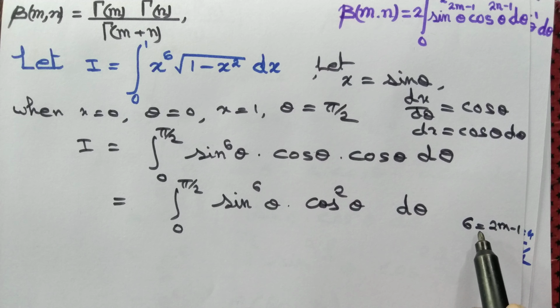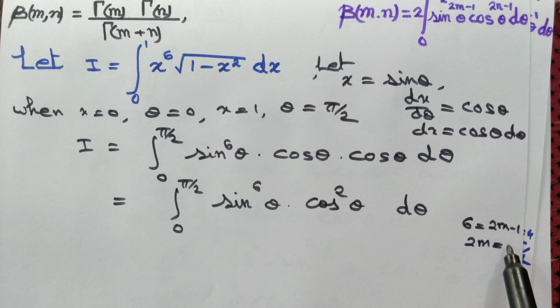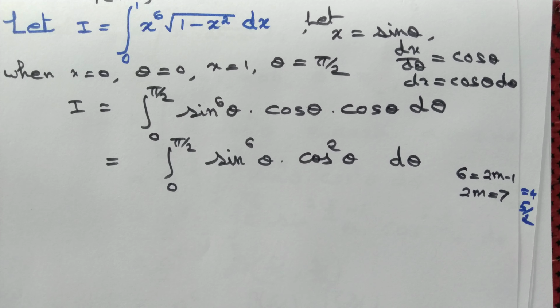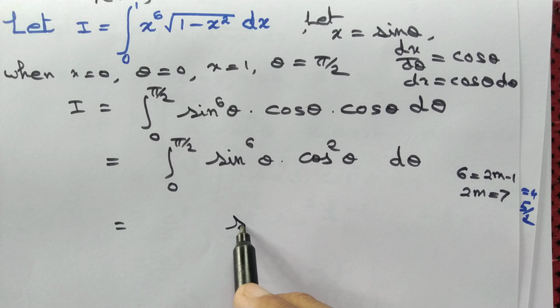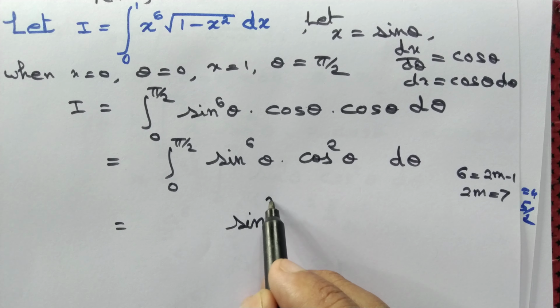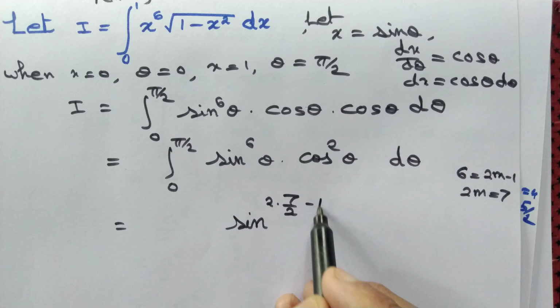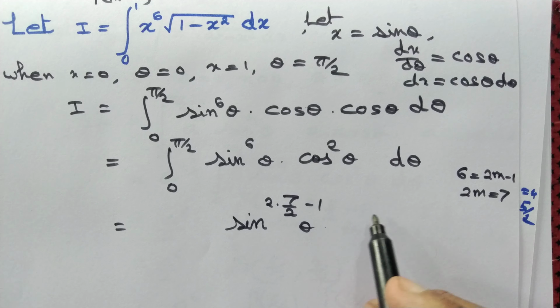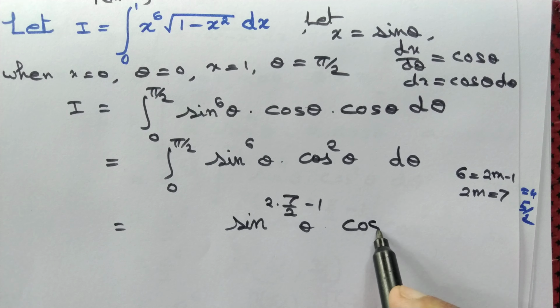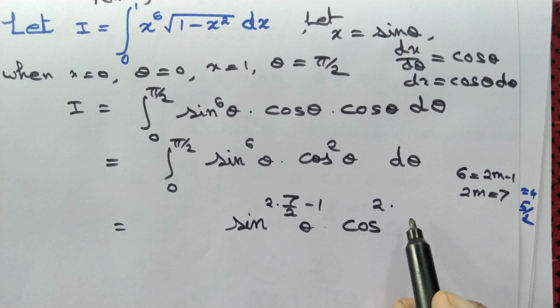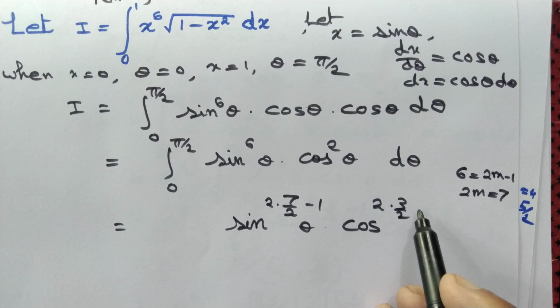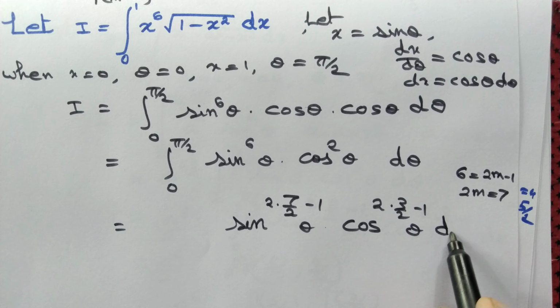That is possible when twice m equal to 7 or m equal to 7 by 2. So, this can be written as sine to the power 2 times 7 by 2 minus 1 theta, and similarly cos square can be written as cos to the power 2 times 3 by 2 minus 1 theta d theta.